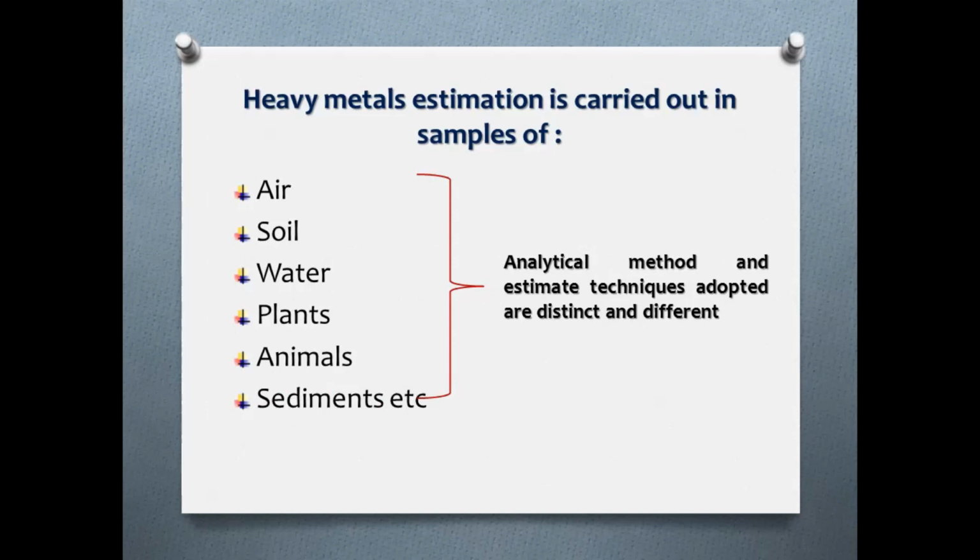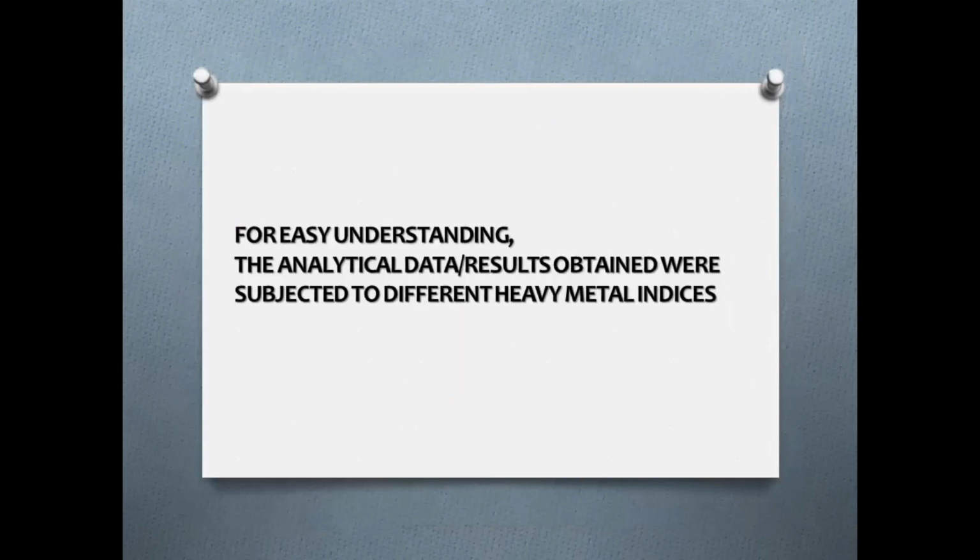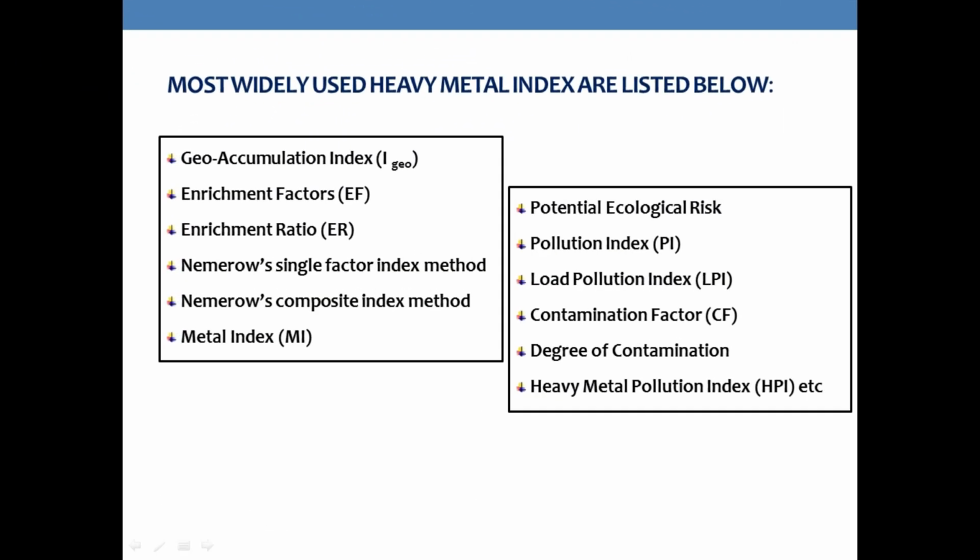However, after analysis, for easy understanding, the analytical data or results obtained are subjected to different heavy metals indices of choice. These are the list of different widely known heavy metal index methods which have been used by different researchers. In case you're interested in the other index methods such as geoaccumulation index and the heavy metal pollution index, kindly check my YouTube channel.